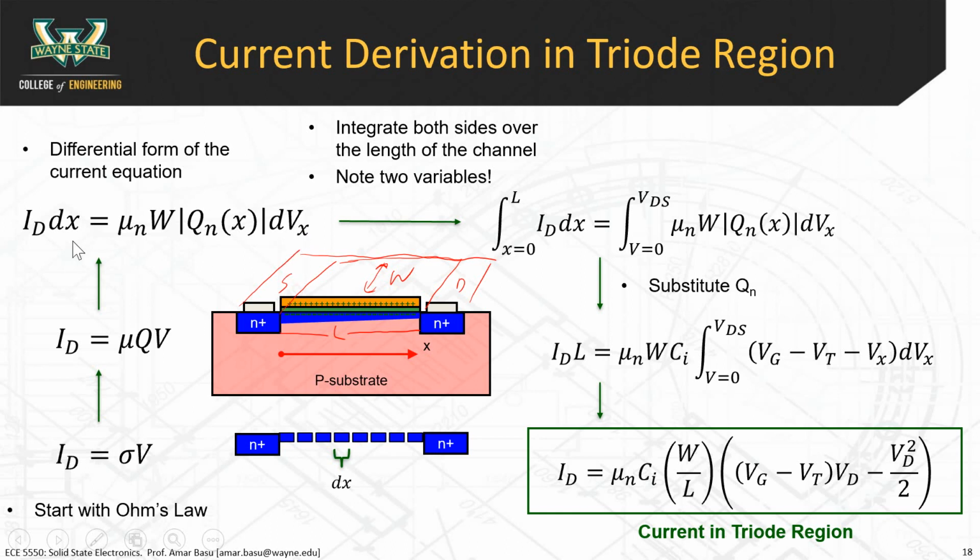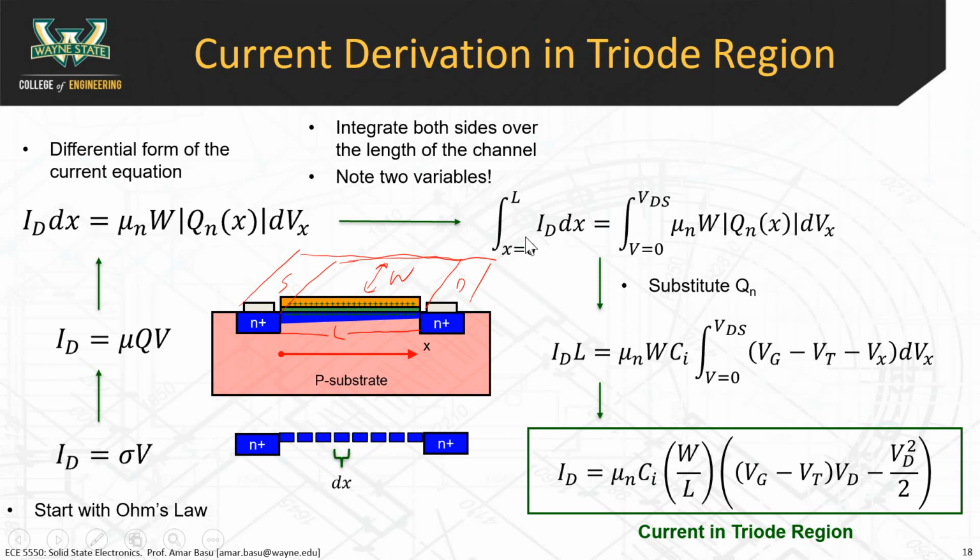So we turn this into a differential form by making this ID times dx, and we make this V into dVx. Now this differential equation is telling us the current and the voltage drop in each one of these small pieces of the resistor.